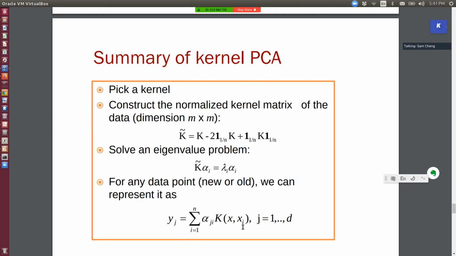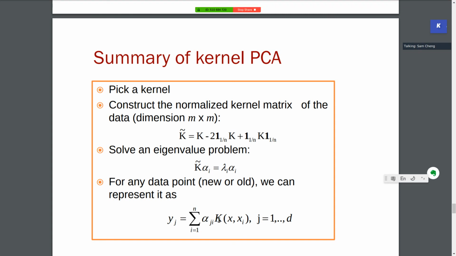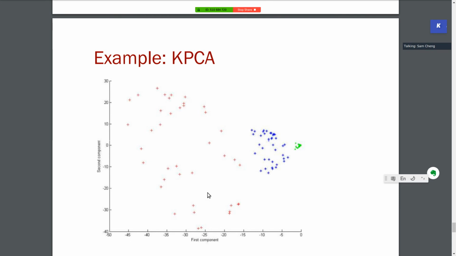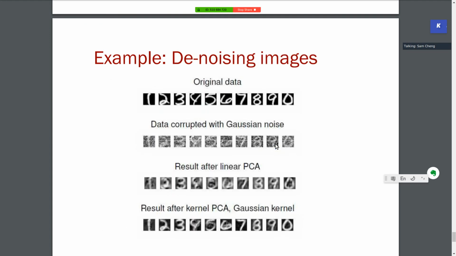So that means you can project onto those directions. Let me show you an example. This is the input point, the original points. If you do kernel PCA and look at the different principal components, the points get separated nicely, and you can use that for denoising.